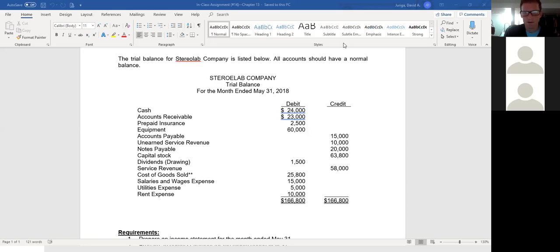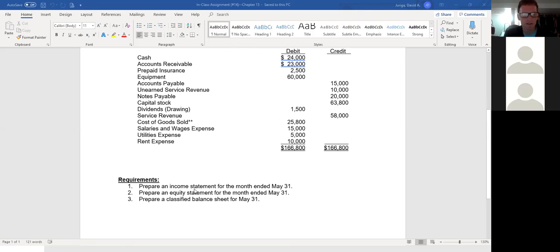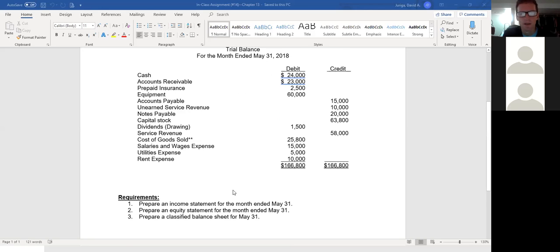I've got this up, and you'll notice the requirements of this handout say prepare an income statement, equity statement, and classified balance sheet. I know I showed you this on Monday: your textbook shows a very long version of what they call the multiple step income statement, the classified income statement, with all these different line items.